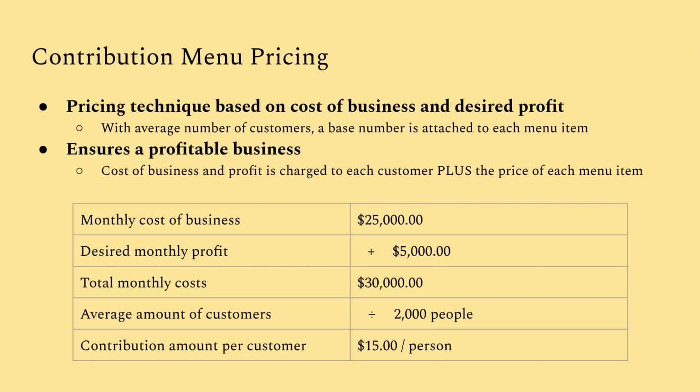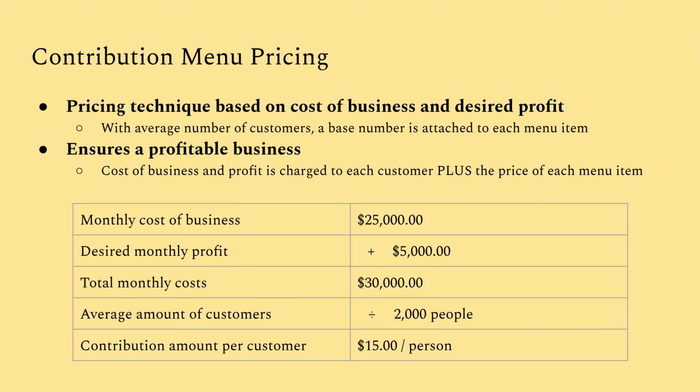So this is definitely going to ensure a profitable business, because each customer is paying their portion to give you overhead costs and profit at the same time. Then you're going to attach the menu item costs, whatever it costs to make that single dish or single drink, and voila, you have money coming in. It's flowing endlessly. However, you'll see higher costs here, and that's the struggle with this method of pricing.